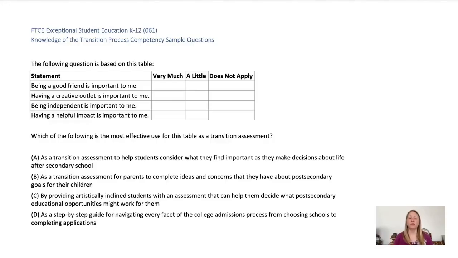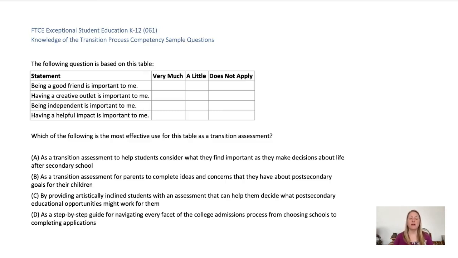The following question is based on this table. Which of the following is the most effective use for this table as a transition assessment? A, as a transition assessment to help students consider what they find important as they make decisions about life after secondary school. B, as a transition assessment for parents to complete ideas and concerns that they have about post-secondary goals for their children.